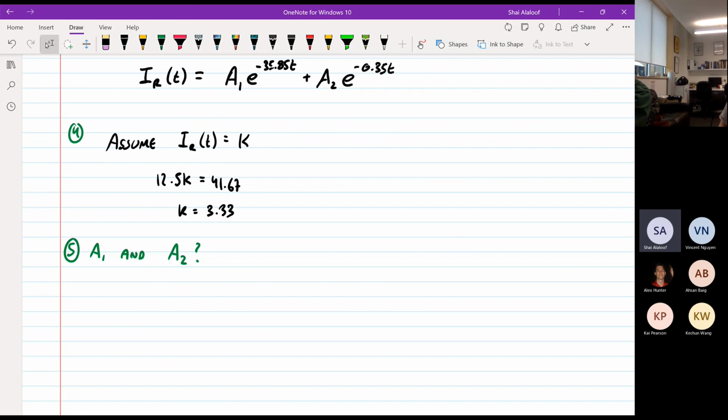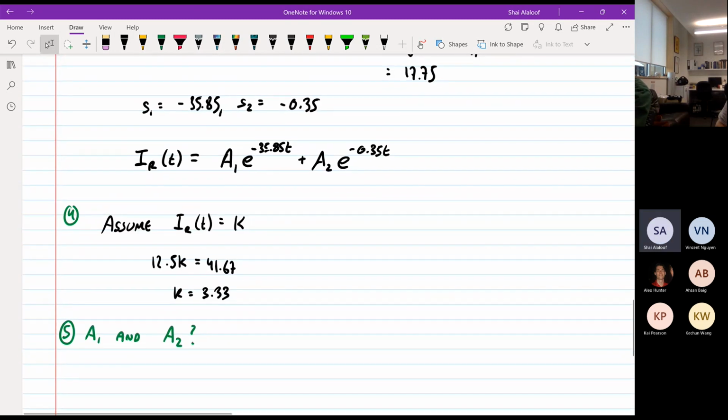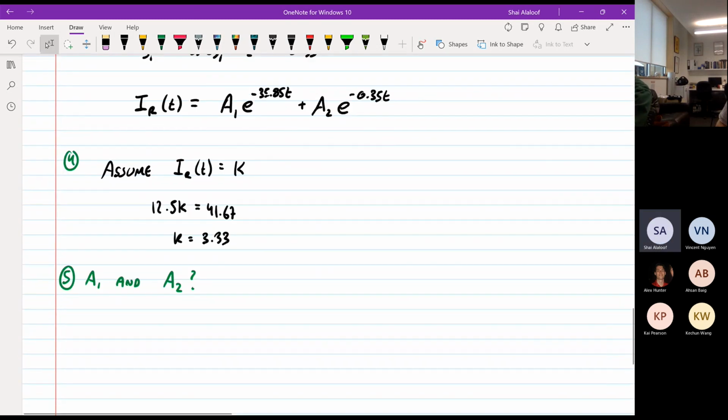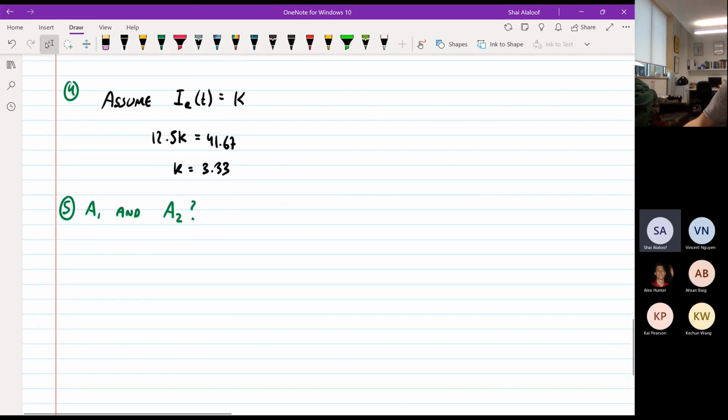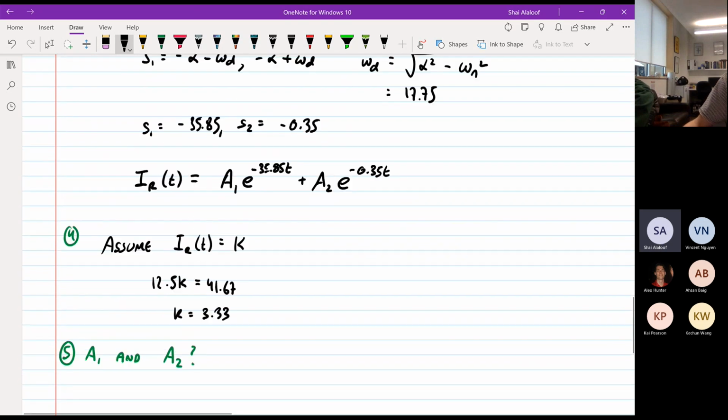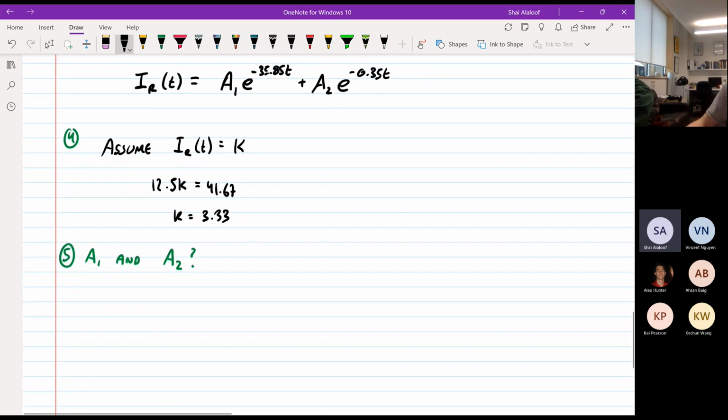You solve for these by considering the t equals 0 equations. I believe the current at time 0 we got was 2. So 2 equals A1 plus A2. The reason the exponents disappear is that e to the power of 0 is 1. So that gives us our first nice equation.